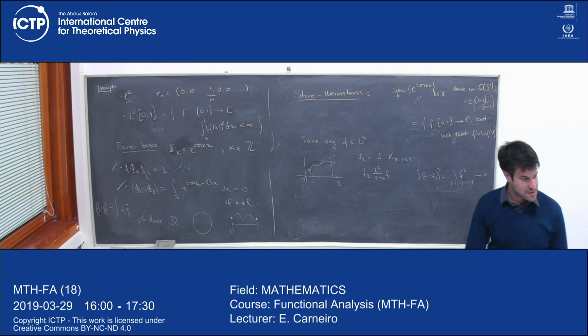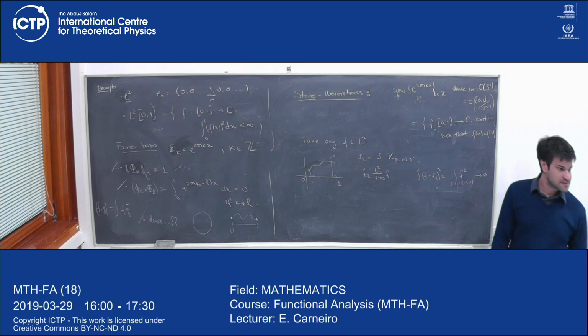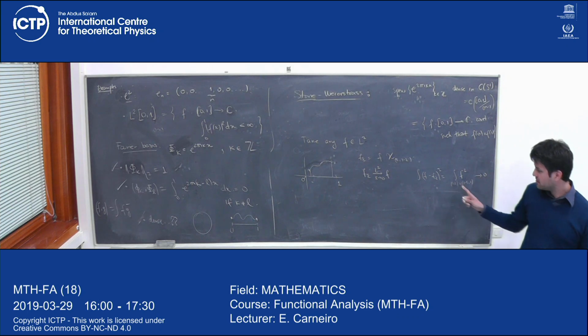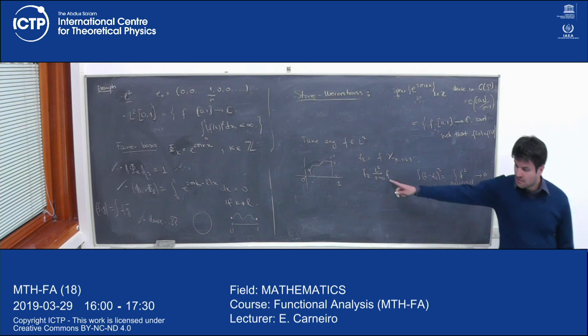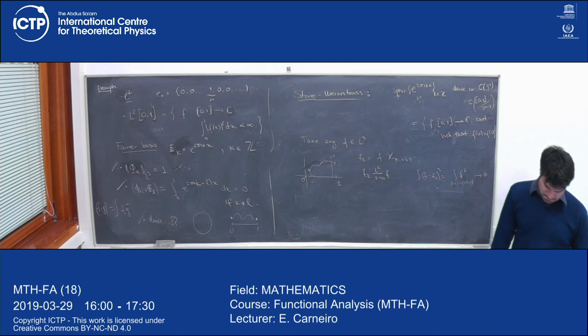Actually, we can do something even simpler. We need only approximate continuous functions in the L2 norm by continuous functions which have the same values at the endpoints. Because if I am given a function f, I can approximate it by a continuous function, and this continuous function itself I approximate. In this case, we can use the mean value theorem to show that this limit will be 0, because now f and f epsilon will be continuous functions.